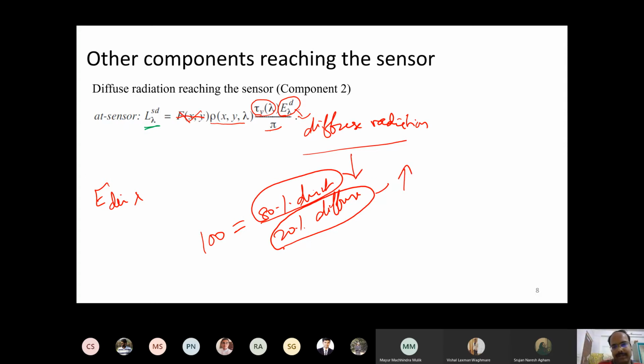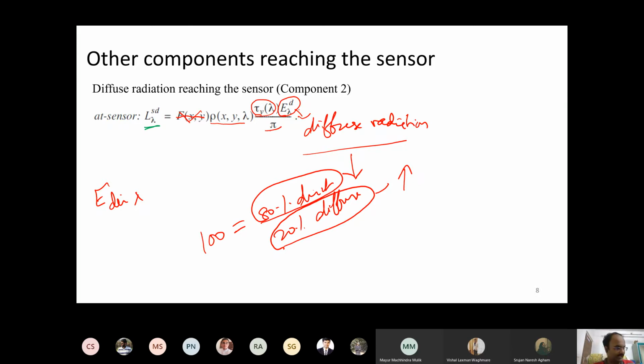But as I said, it is very difficult to know what fraction is direct and what fraction is diffuse. Either we should have ground-based observations, or we should rely on atmospheric models to simulate the cloudiness over the area and the direct and diffuse components. We have to assume either the model is correct or we need some ground observations.